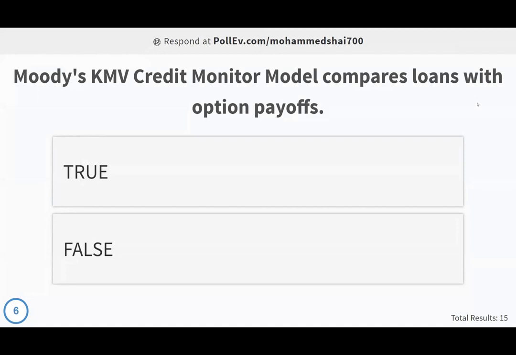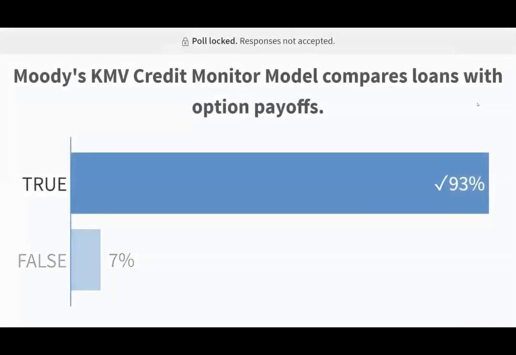We talked about it; this is why we call it an option. KMV credit monitor model compares loans with option payoffs. That is right. This is why we use the options from the perspective of the shareholders and also from the perspective of the bank.